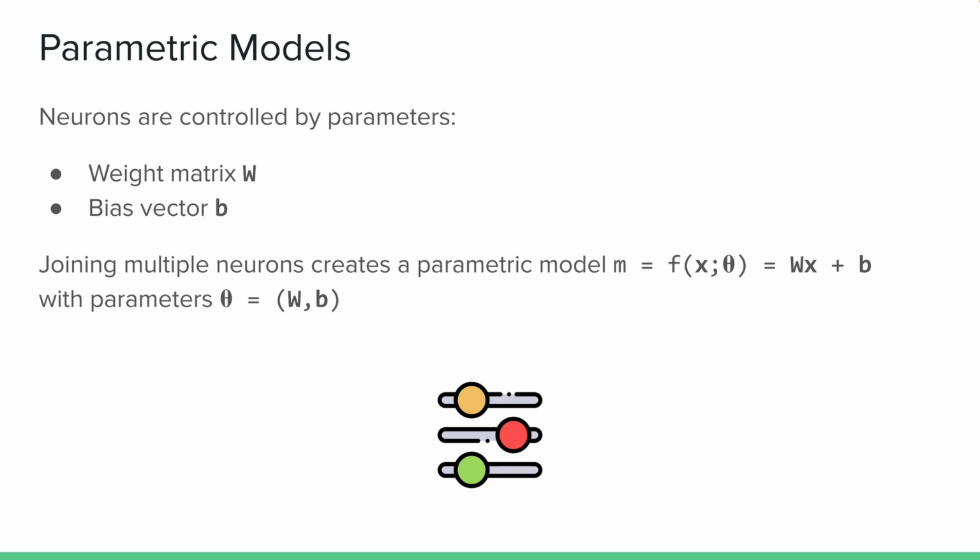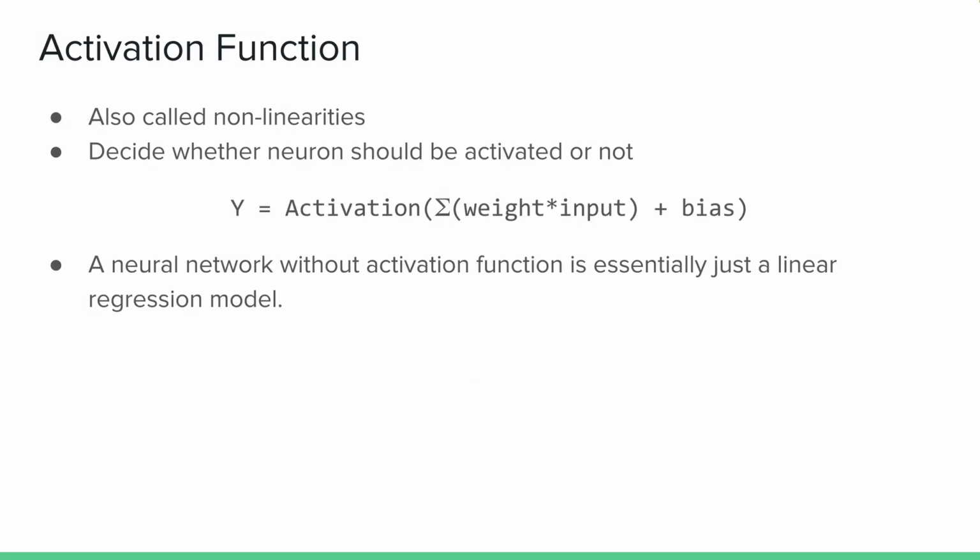The activation function is also called nonlinearities, and it decides basically whether the neuron should be active or not. And the question is, why do we need an activation function? Why can't we just have this matrix multiplication, etc.? And the reason is that if we do not have any nonlinearities, we would basically just have a linear regression model.